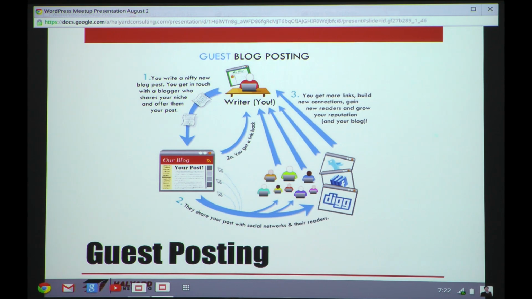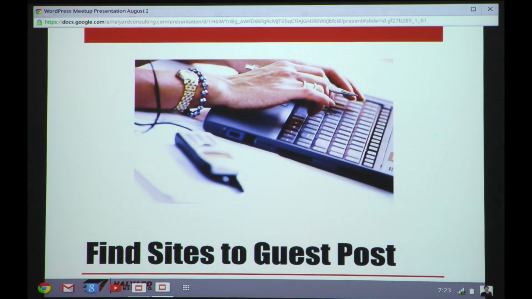Okay. So, how do we find sites to guest post on? There's a couple of different ways to do this. One of the best ways is to go to Google and search for guest writers wanted or guest bloggers wanted, defined by your niche.